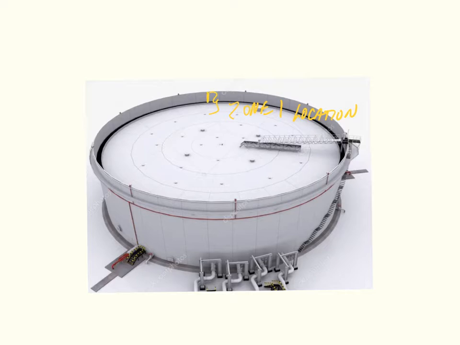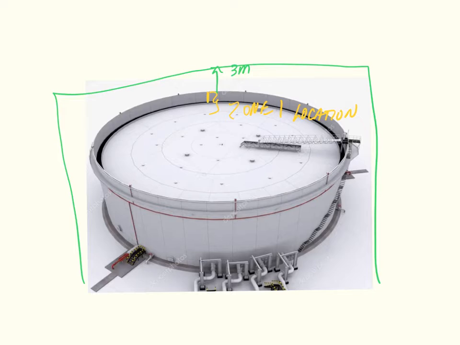Whatever that distance is, that's considered a Zone 1 location. Outwards from there, when we go above this, we'll go 3 meters, and that goes all the way around the tank. That's 3 meters outwards from the shell is a Zone 2 location. And that again is on the floating roof type.